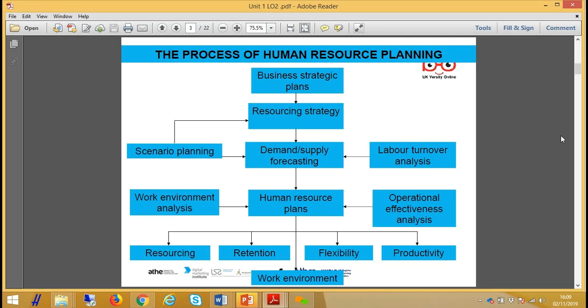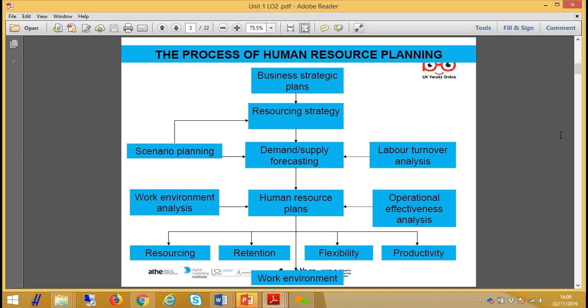So, for instance, some organizations want to expand internationally. Others may want to create new products, product lines. Others may want to grow market share. Whatever their strategy is, that's our starting point.